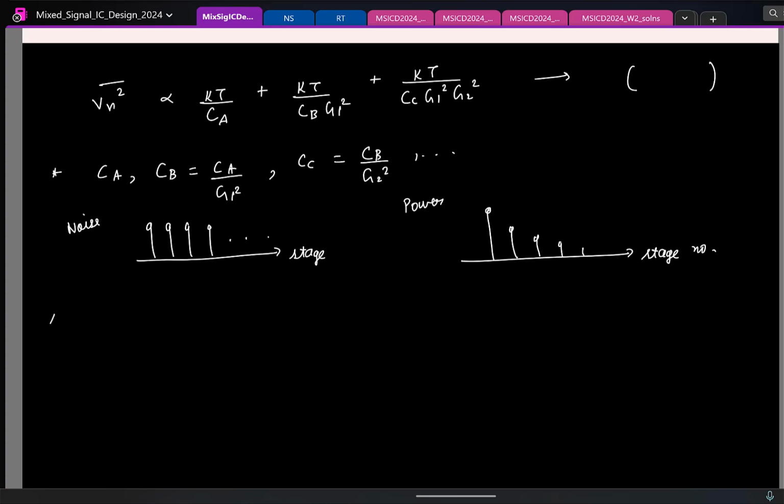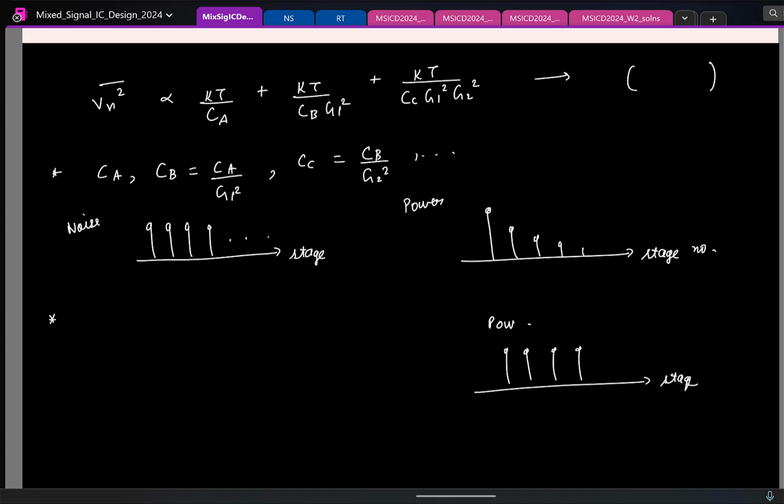So what do you think might be another extreme choice? Instead of keeping the noise power same, you can try to have the same power consumption for each stage, right? So I want to have something like this. The power consumption, I want this to be equal. So what can you say about the capacitances in each stage?